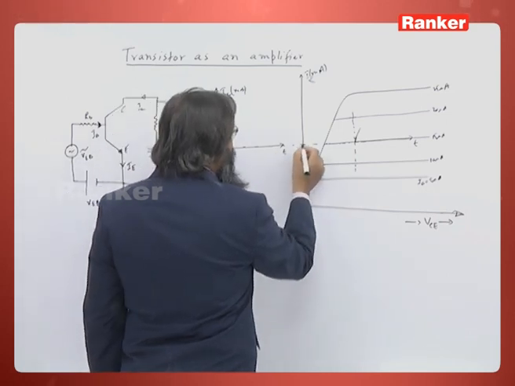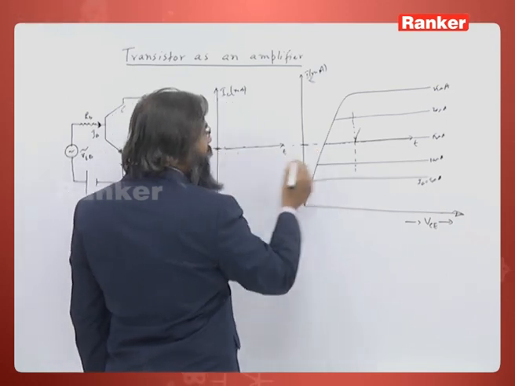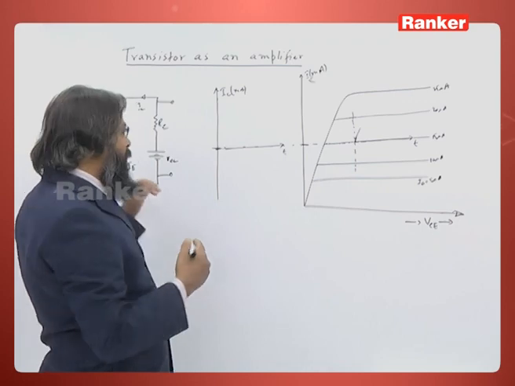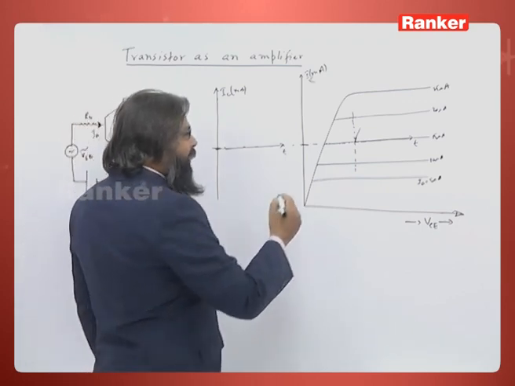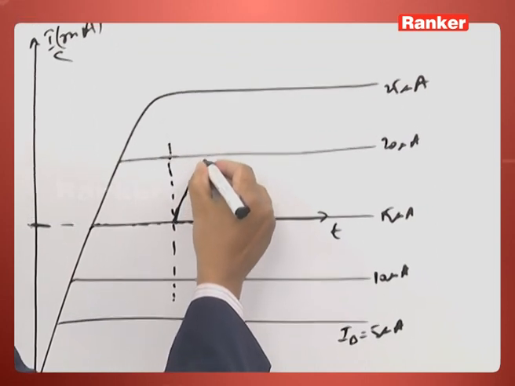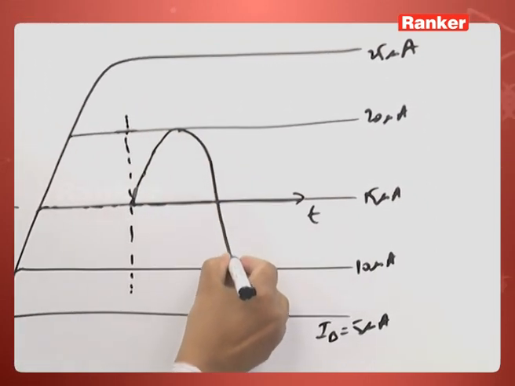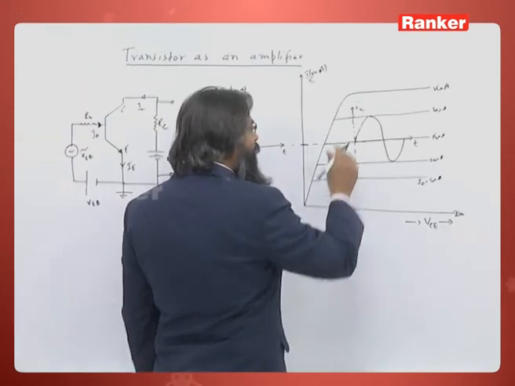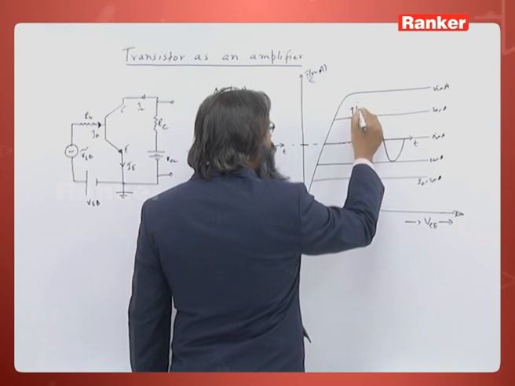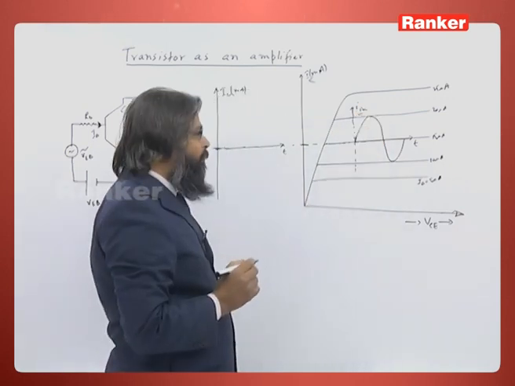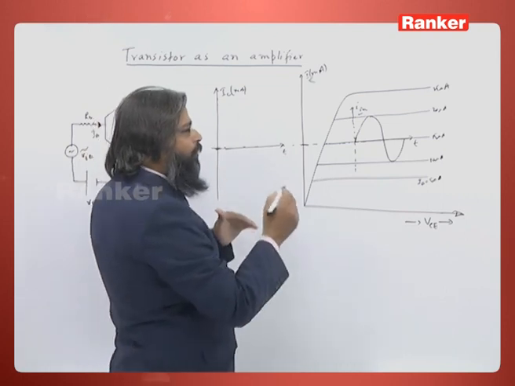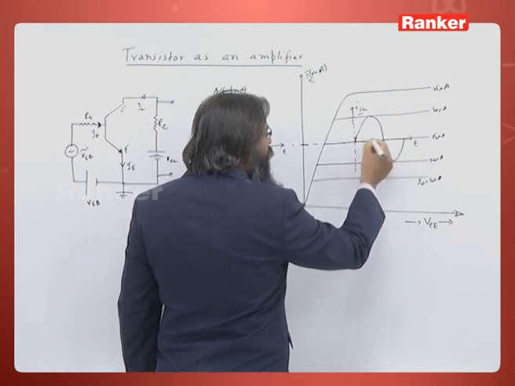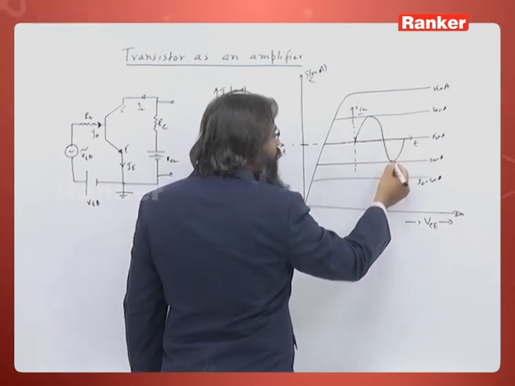Now, when the input signal varies, it will vary like this. I am plotting the input current. Suppose the input signal changes by 5, so it changes 15 microampere current to 20 and 15 to 10.